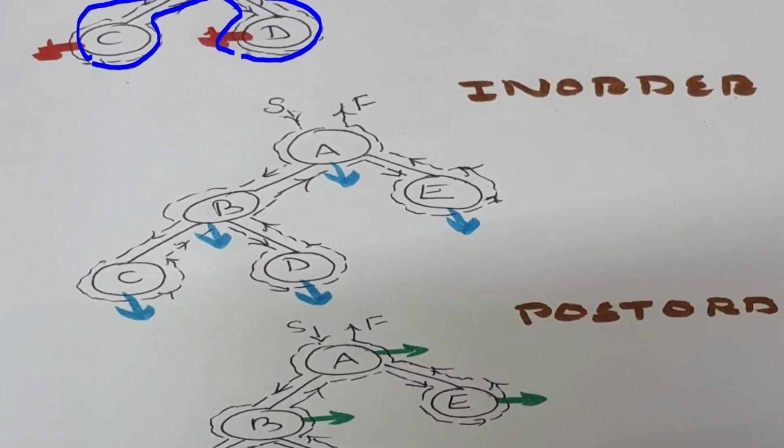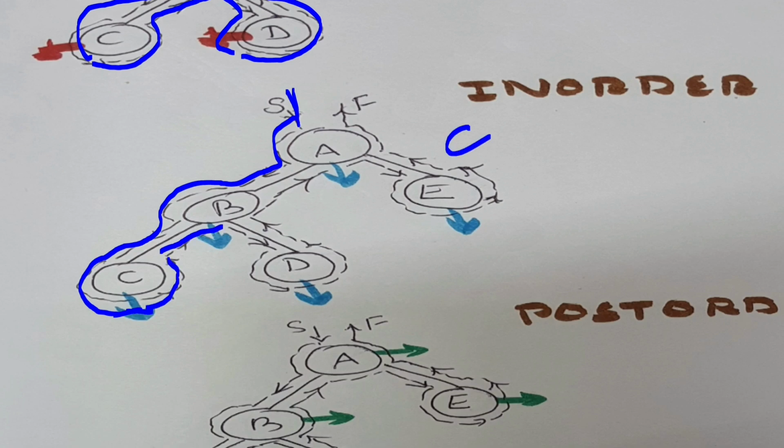Then to find in order sequence, starting from here, this time instead of left arrow, down arrow should be written for every node. So starting from here, if we move in that shown path, so C, here down arrow is cut.